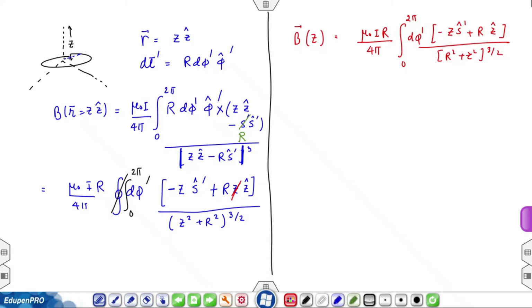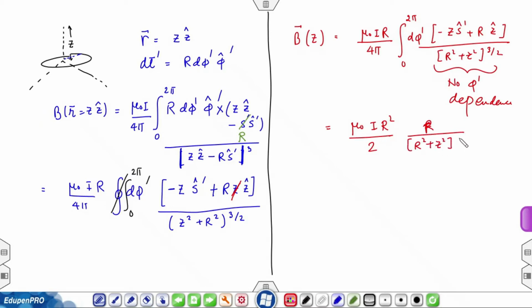And that is simple enough, because this part has no phi prime dependence, and therefore, I get mu naught I r square over 2 over r square plus z square raised to 3 by 2 in the z direction.